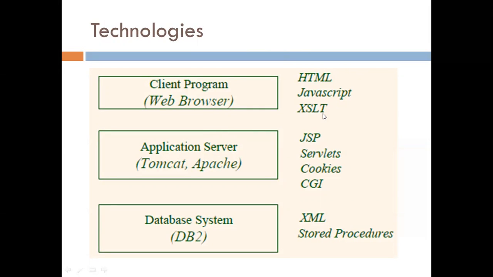In order to write the application server logic, JSP, servlets, cookies, and CGI programming is used. Many other languages can be used in the application server, including Perl, PHP, Python, and others.